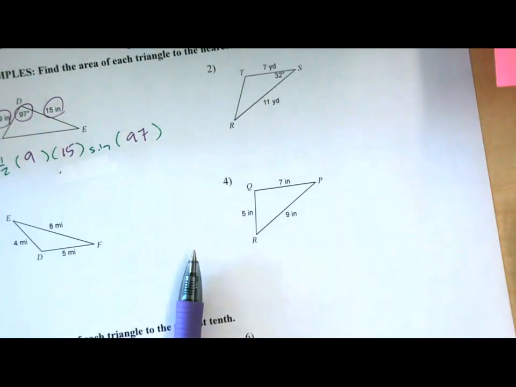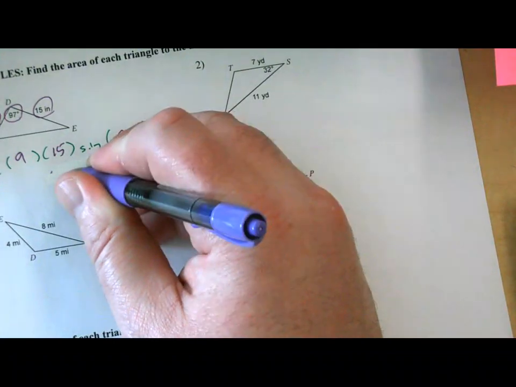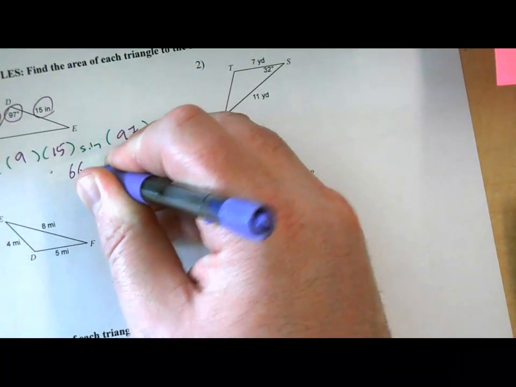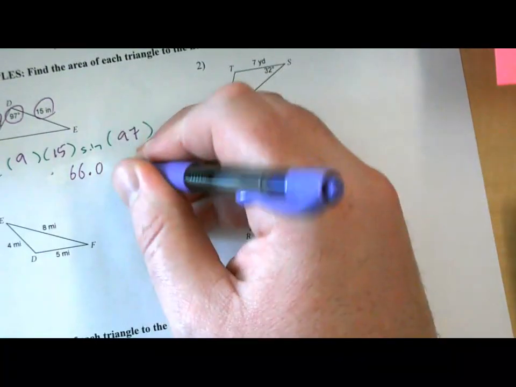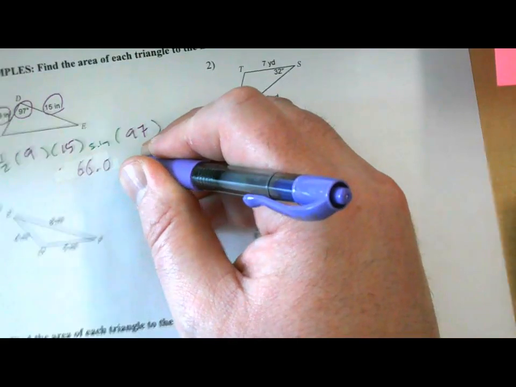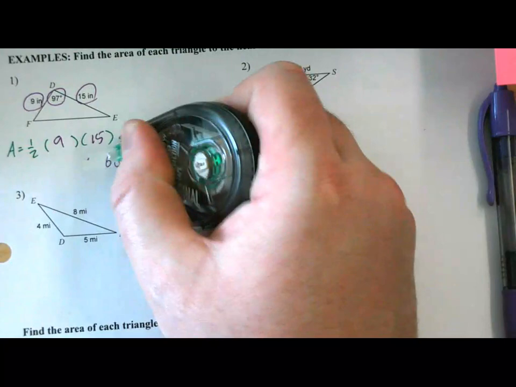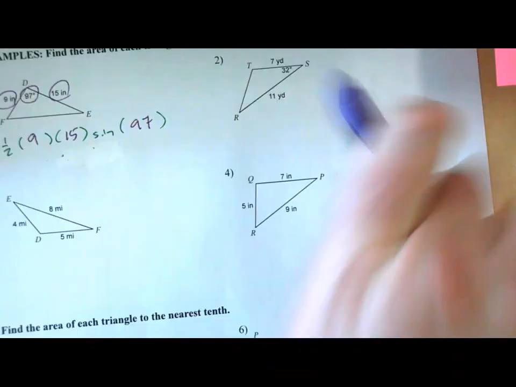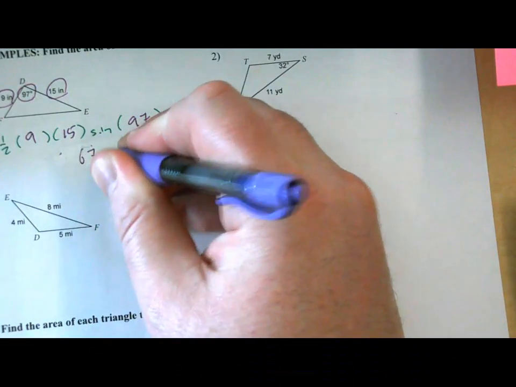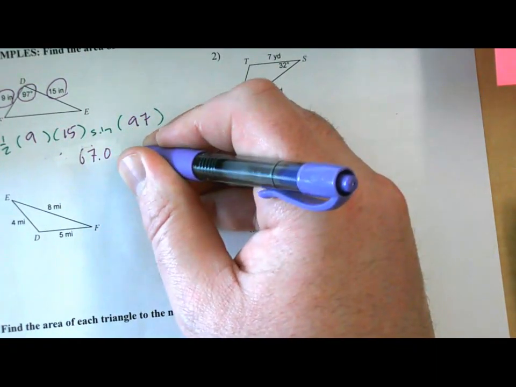A little typo in there. If I were rounding to 1 decimal place, that would be 67.0. It is weird to have this in the morning, isn't it?